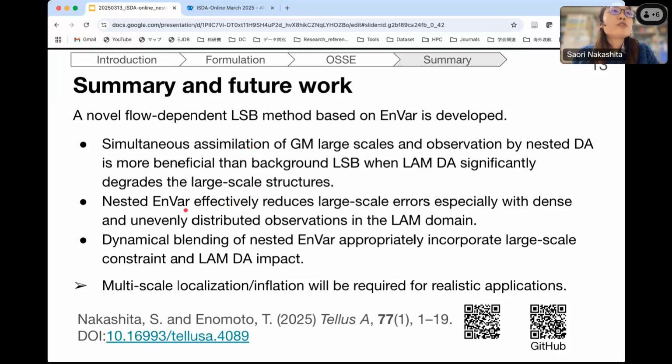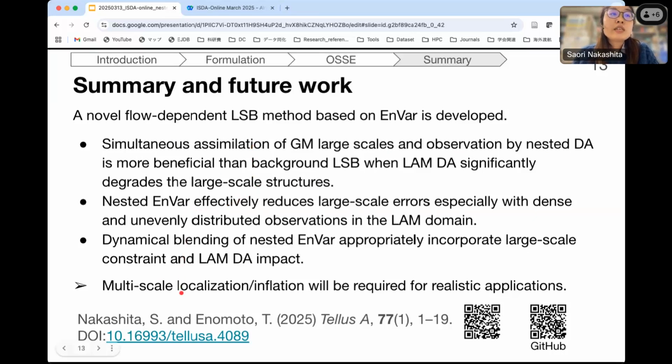And our proposed nested EnVar effectively reduces the large-scale errors, especially with dense and unevenly distributed observations in the LAM domain. And the dynamical blending of nested EnVar appropriately incorporates large-scale constraint by LSB and LAM-DA impact.